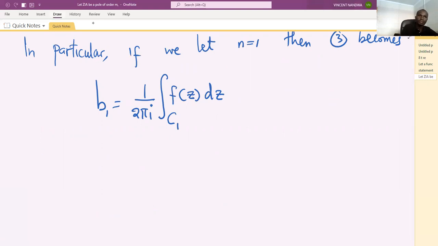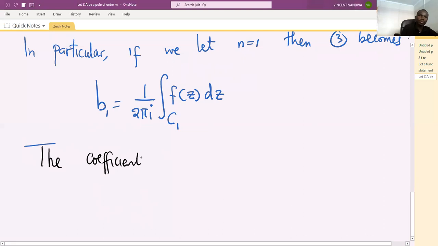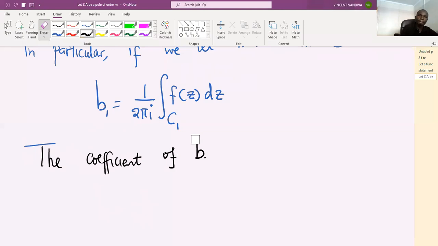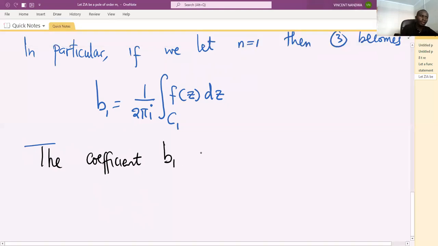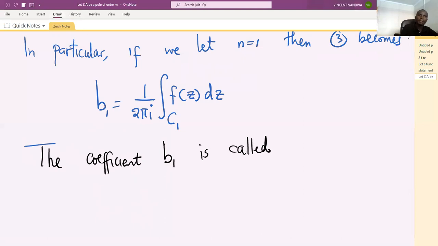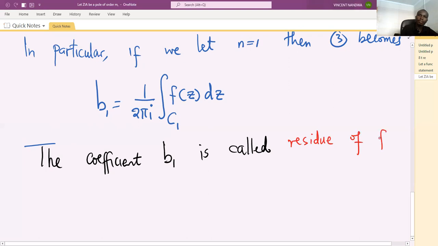So the coefficient b1 itself, the value b1, is called the residue of f of z at the pole z equals a.